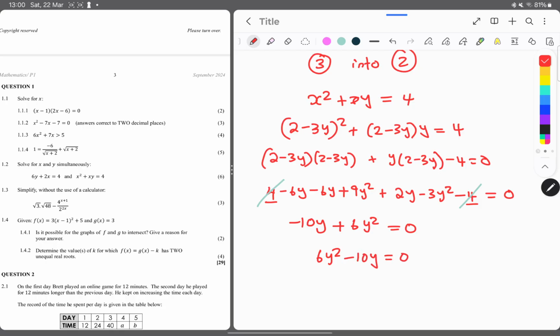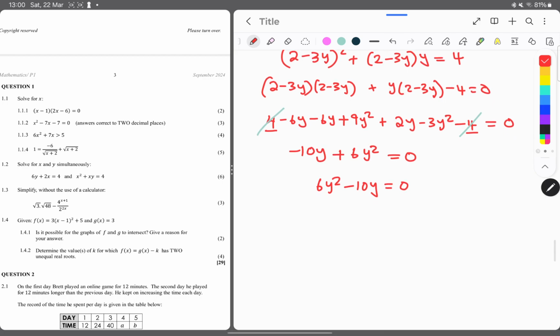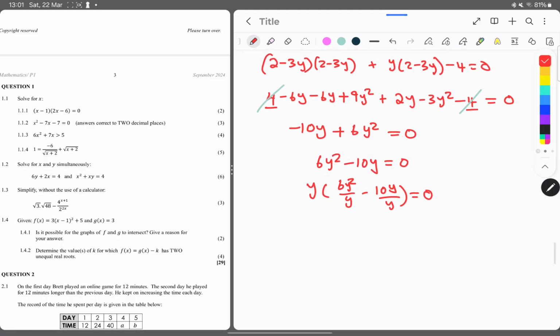Before you do any factorizing, always check for a common factor. Do we have a common factor? Yes. y is our common factor, so we have y into 6y squared divided by y minus 10y divided by y equals 0. Therefore, we have y into 6y minus 10 equals 0.